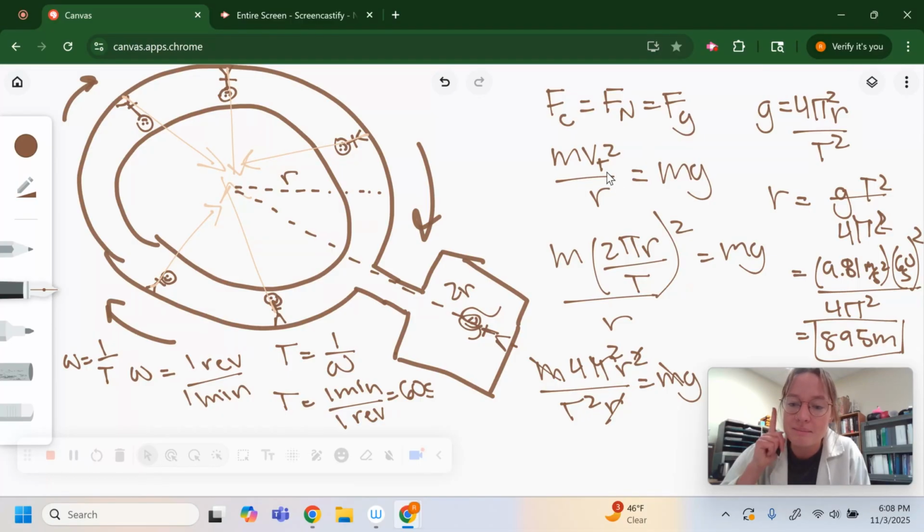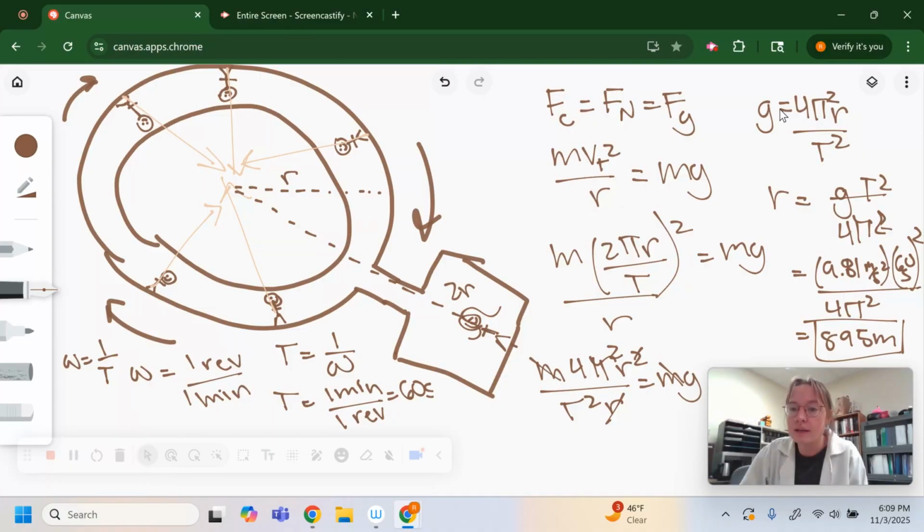But wait, that's not true. If she's in her private suite out here, not only did she increase her radius, she also increased her tangential speed. And notice, tangential speed matters more than the radius does.